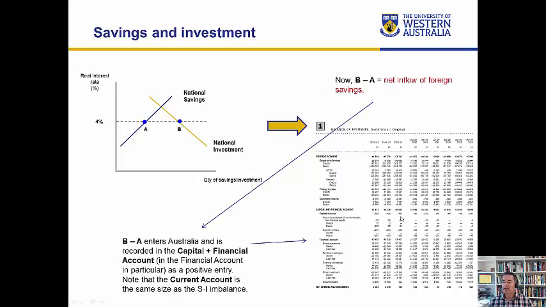But broadly speaking, very generally, the savings investment gap, which is A to B, is going to equal the financial account balance. And the financial account balance is by far the major part of the capital financial account. And that capital financial account balance will equal the current account balance there.